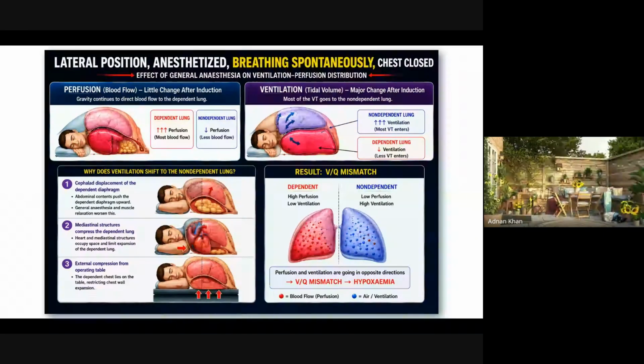The dependent hemidiaphragm is displaced by the abdominal contents and mediastinal structures, which compress the dependent lung, and the operating table restricts expansion. The result: the dependent lung becomes less compliant and receives less tidal volume, while the non-dependent lung becomes relatively more compliant and receives most of the ventilation. The result is a significant ventilation perfusion mismatch, because perfusion continues to favor the dependent lung while ventilation shifts toward the non-dependent lung.